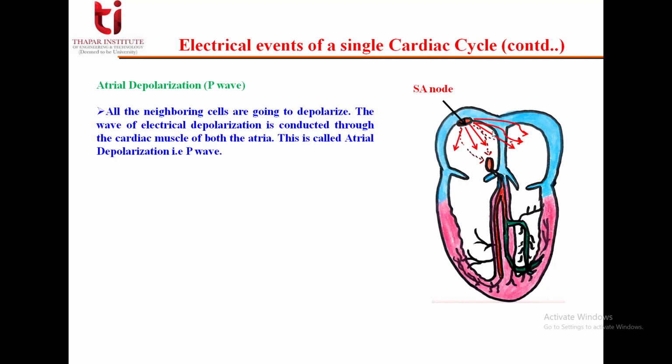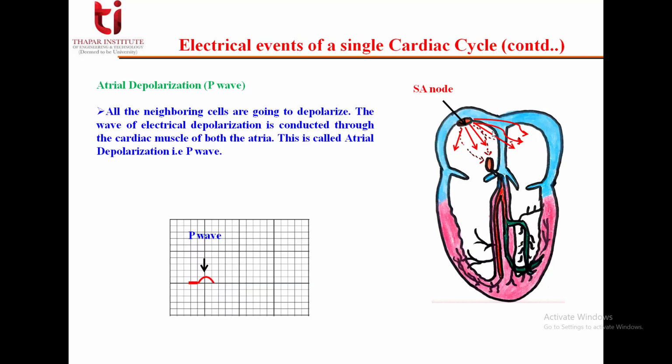The wave of electrical depolarization is conducted through the cardiac muscle of both the atria. So now it reaches both the atria, and this is known as atrial depolarization, which we call the P wave.